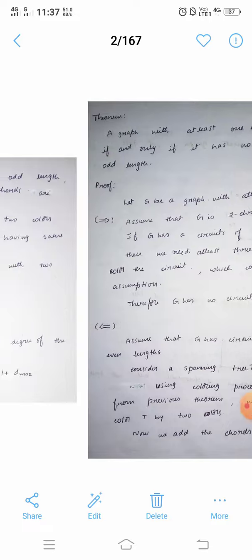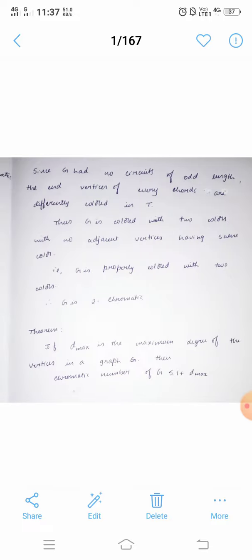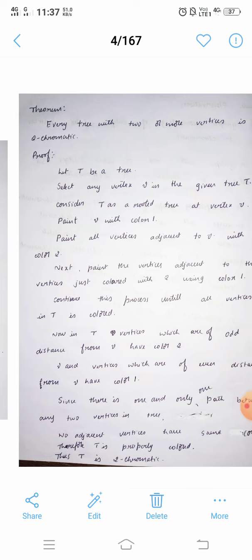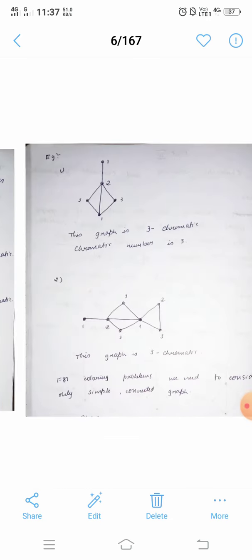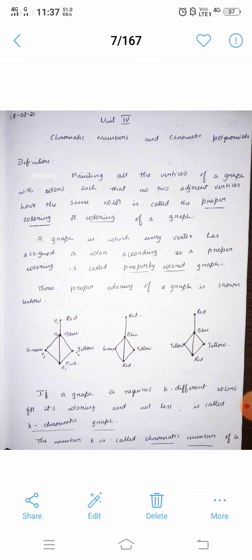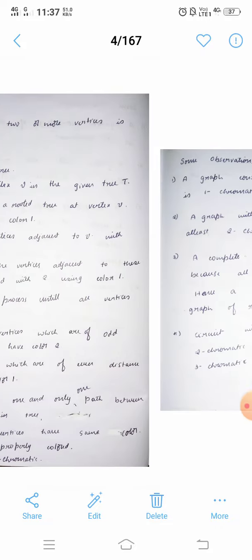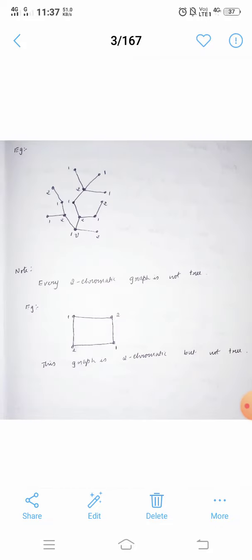Okay, with this we have completed today's class. Tomorrow I will continue with the chromatic number concept itself. I hope you understood. We have seen proper coloring, chromatic numbers, an example for that, some observations, and we proved 2 theorems.